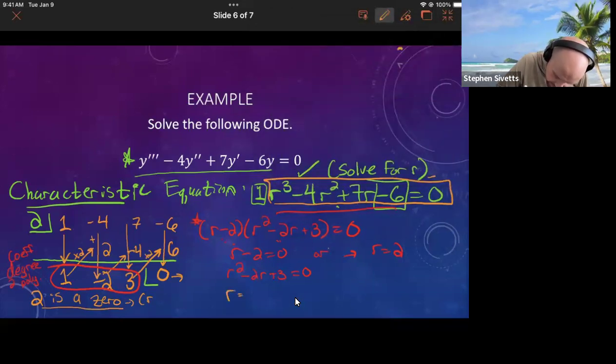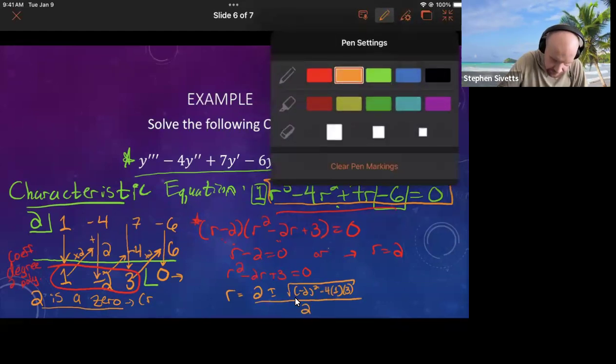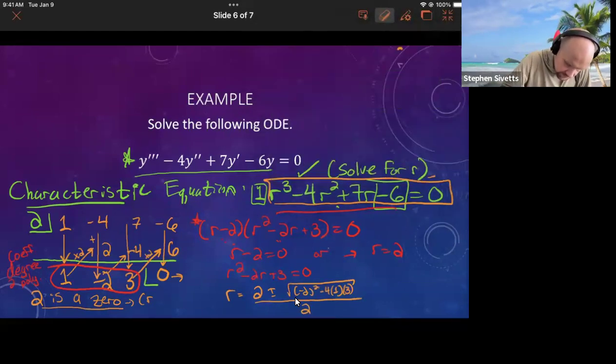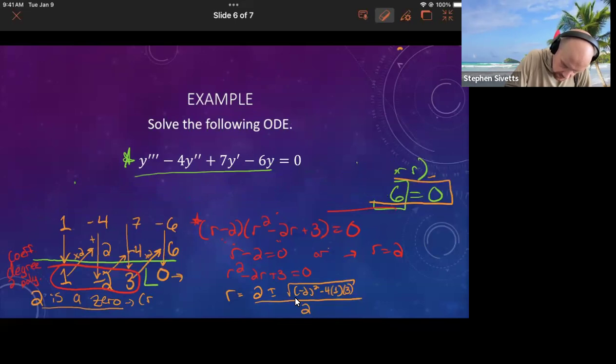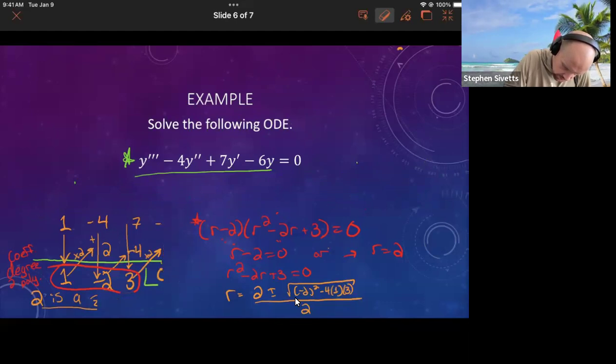So r is equal to 2 plus or minus the square root of minus 2 squared minus 4 times 1 times 3, over 2. Okay. I'm going to erase this and clean this up a little bit.